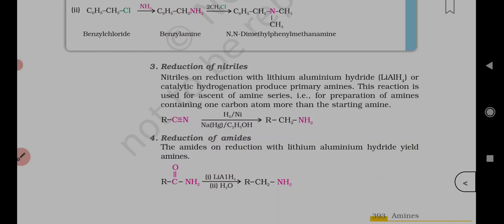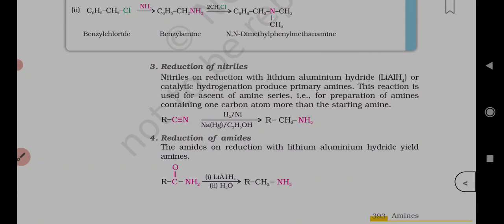On treatment with ethanolic potassium hydroxide, phthalimide is already having an NH group, 2 C=O groups, and 1 benzene group. By treating with ethanolic KOH, it will form potassium salt of phthalimide.